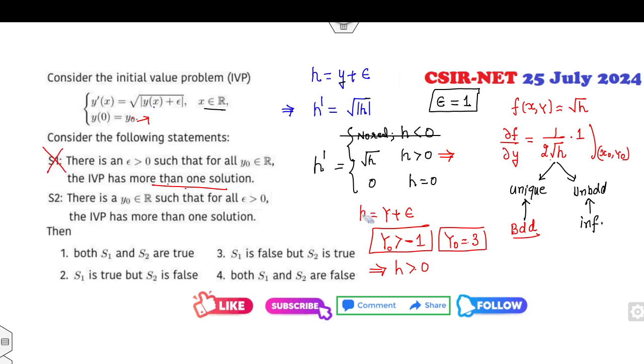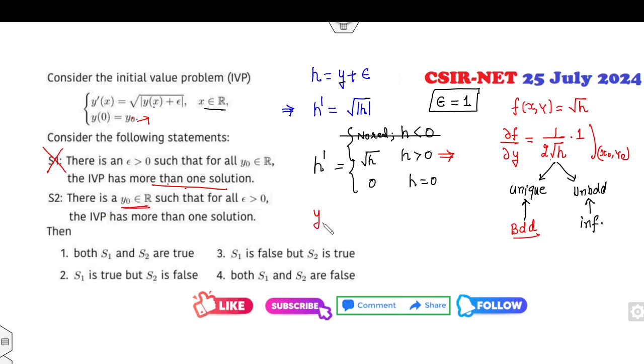Now look at the second option. What is given to you? Now you have to choose y naught firstly. You can choose any y naught, say any real number, say minus 1, or you can choose any real number, 3. Fine. Then such that, for all epsilon, it has more than one solution.